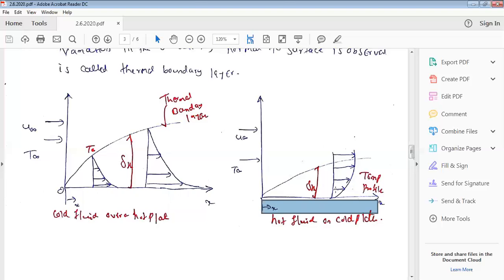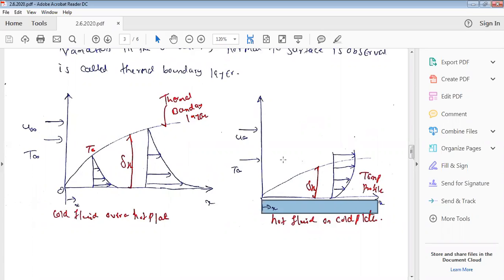And this time the temperature profile and velocity profile are almost the same. Correct? Why is it so? Just imagine air is flowing like this. The air is hot, but the plate is cool. Now, what will happen?